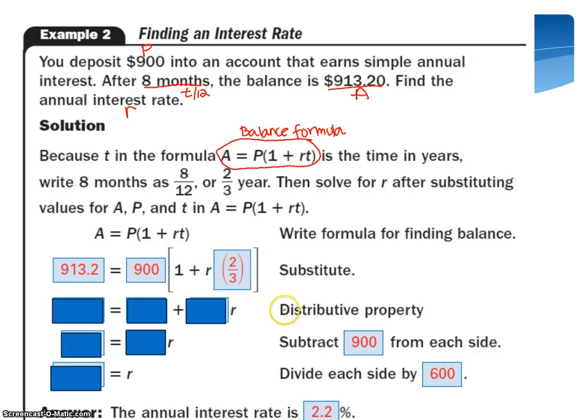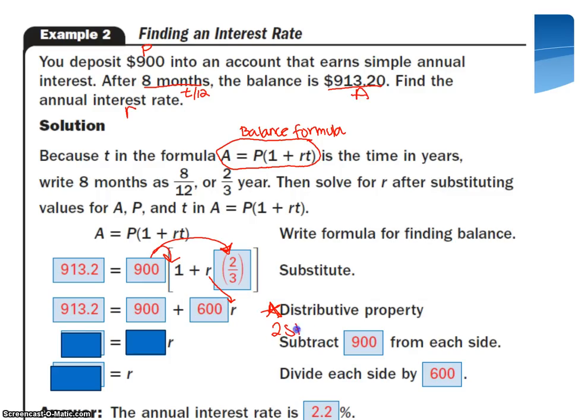This is the distributive property. Make sure you remember that. So 900 times 1 is 900. Let's just bring down the balance. And then 900 times 2/3 is 600. Just bring down the R.